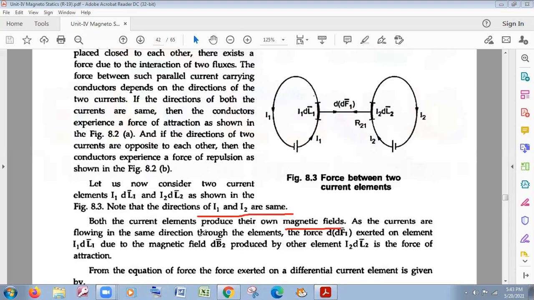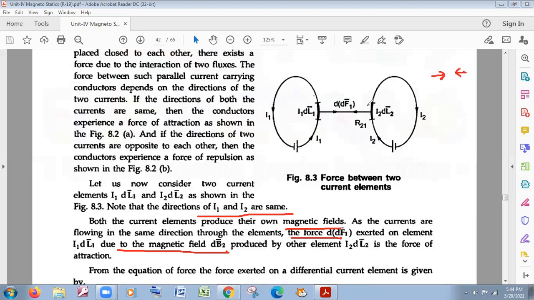As the currents are flowing in the same direction through the elements, the differential force dF1 bar exerted on the element I1 dL1 bar is due to the magnetic field, the differential magnetic flux density dB2 bar. And due to this, a force is exerted on the second. Because the same direction means the force is attraction.